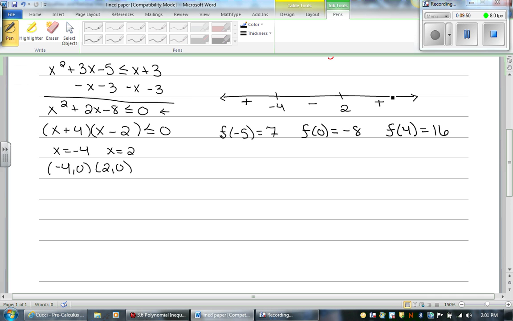Okay. So if the function has to be less than or equal to 0, and now here's something important, now we're getting into equals, right? So we have to take that into consideration. Where is it less than or equal to 0? That means where is it going to be negative? Here's where my function is negative. Here's where it's equal to 0. So that needs to be included in my solution.